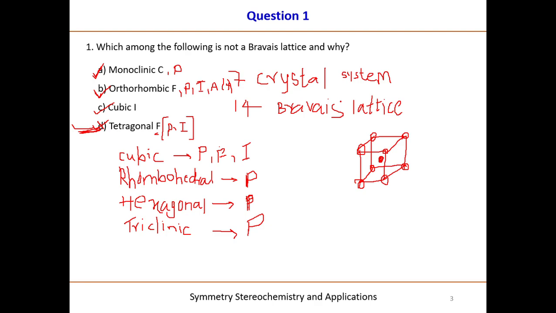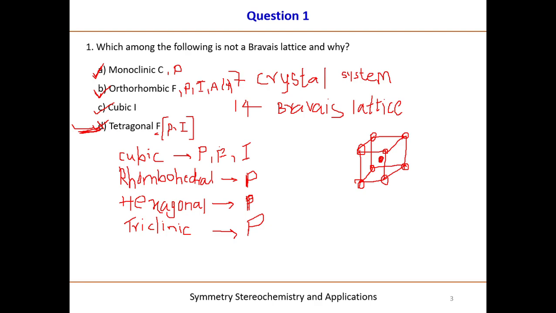We have discussed that in the lattice system there are 7 crystal systems: monoclinic, orthorhombic, cubic, tetragonal, rhombohedral, hexagonal, and triclinic. From these 7 crystal systems we have 14 Bravais lattices.